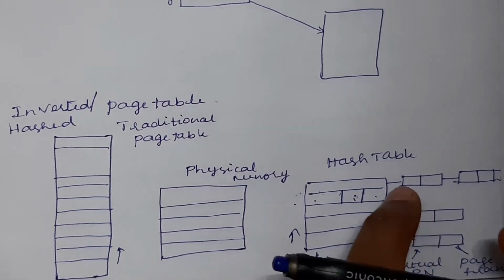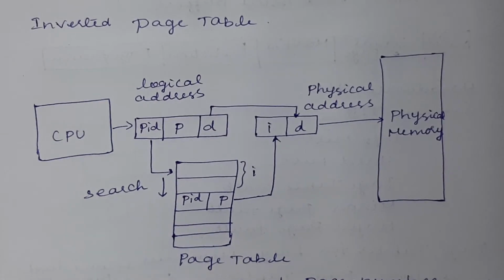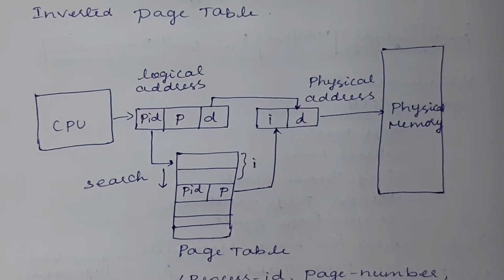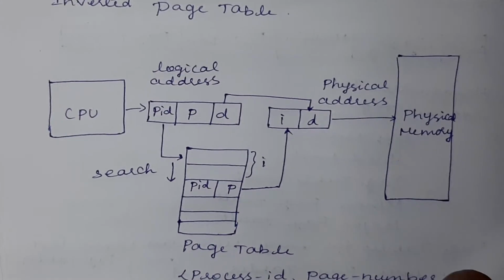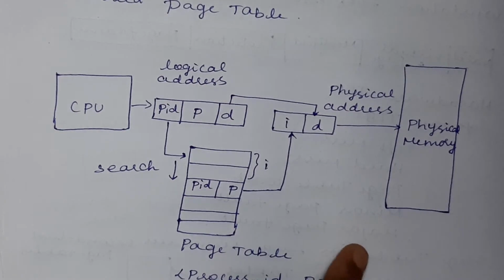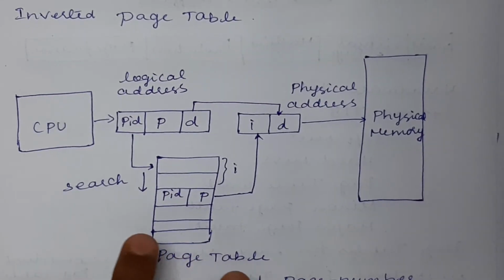Let us go to the next structure of the page table, which is the inverted page table. The concept of the inverted page table is that each entry consists of three fields.